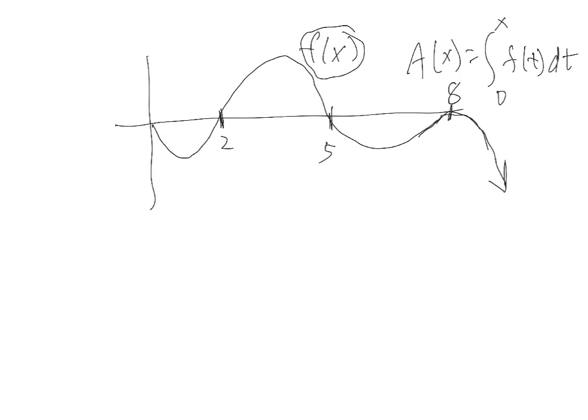Then we define this area function just like we did in our development up to the fundamental theorem. For each x, it tells me the area. Because some of the area is below the x-axis, we read those areas as negative, but you get the idea. The question then asks us to find all local extrema and classify them.